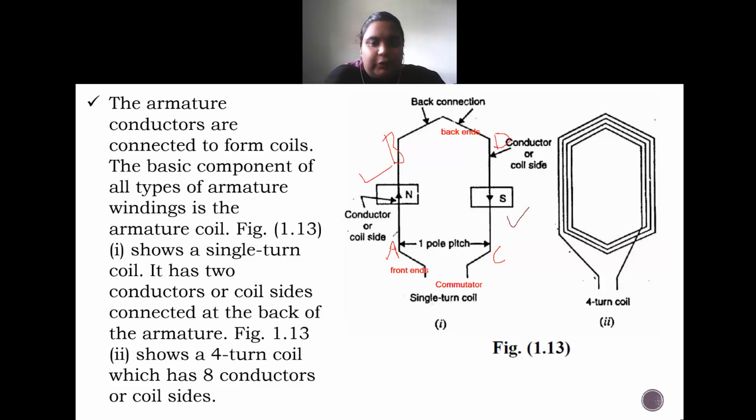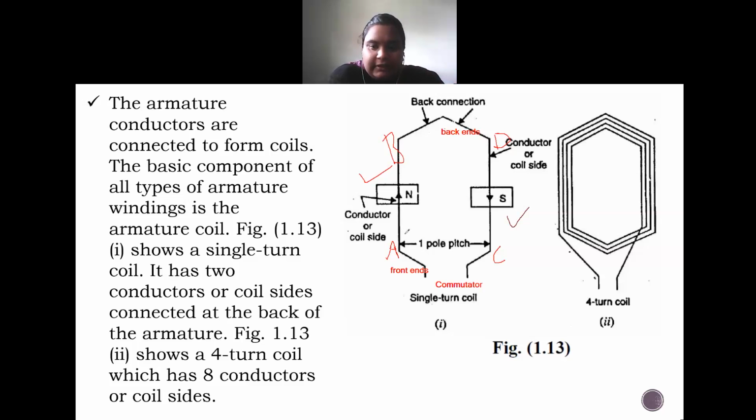We need to always make sure that one of the coil sides, this whole thing being called a coil and this one a coil side or a conductor, is under one pole's influence, and the other side of the coil is in the opposite pole's influence.